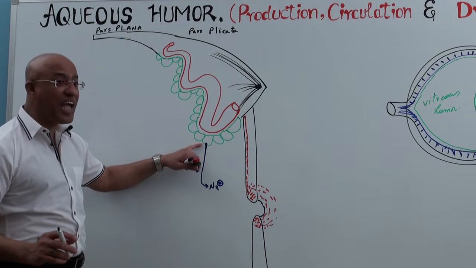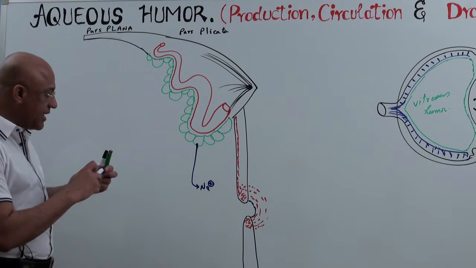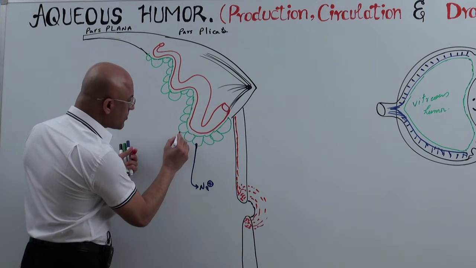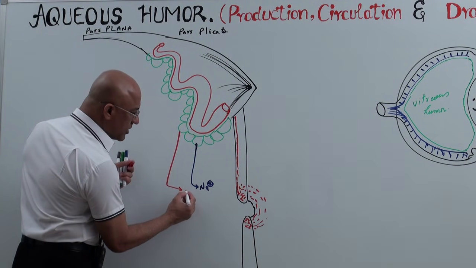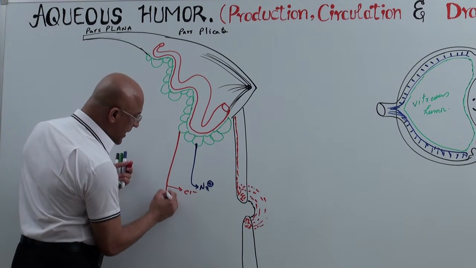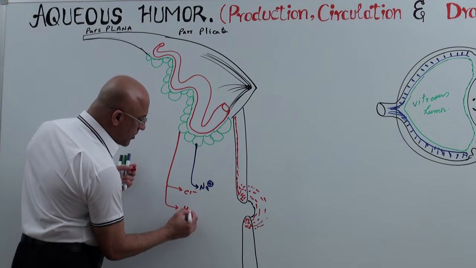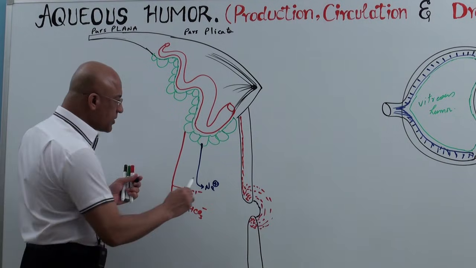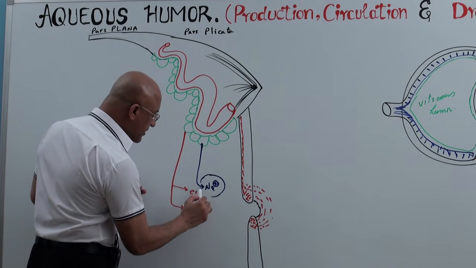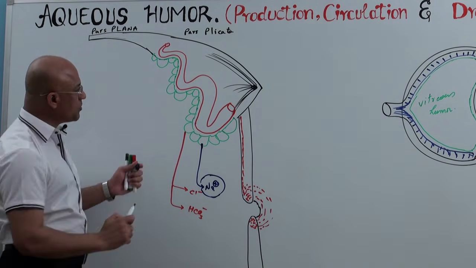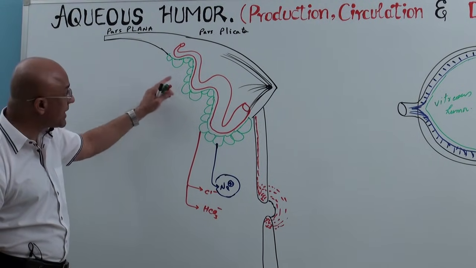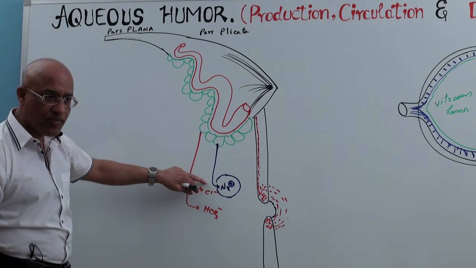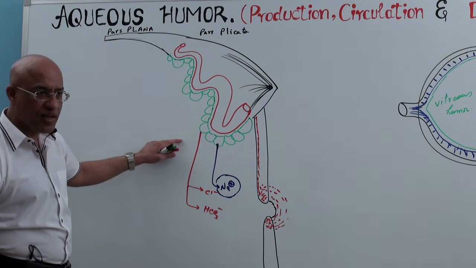So sodium is actively transported and it is passively followed by, yes, chloride and bicarb. Chloride and bicarb, right? So the first thing to be secreted is, this is active secretion of aqueous humor. The first substance which is actively secreted by these epithelial cells is sodium. Is that right? In the posterior chamber.